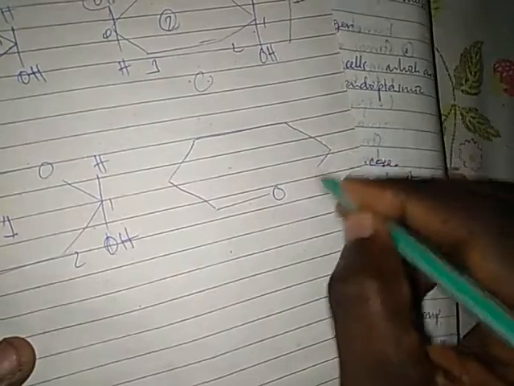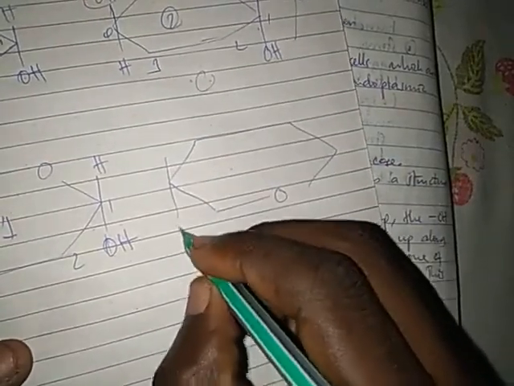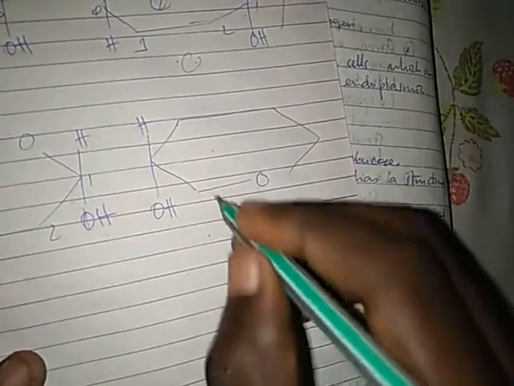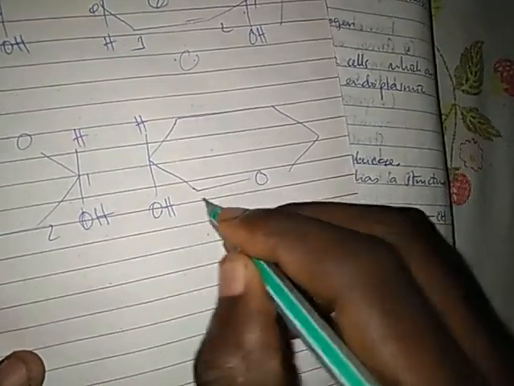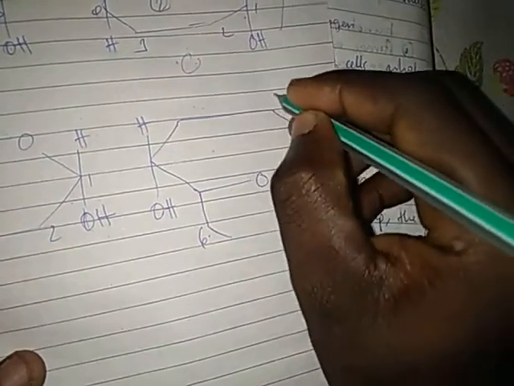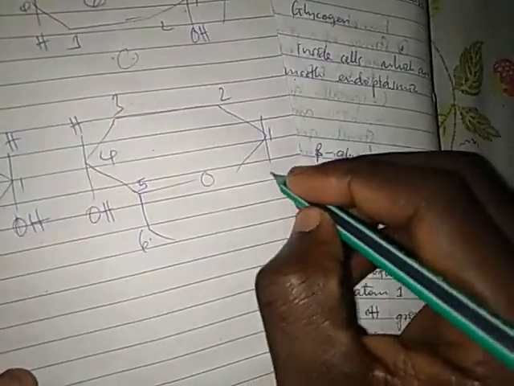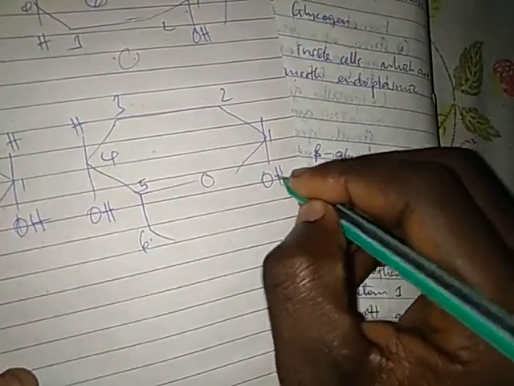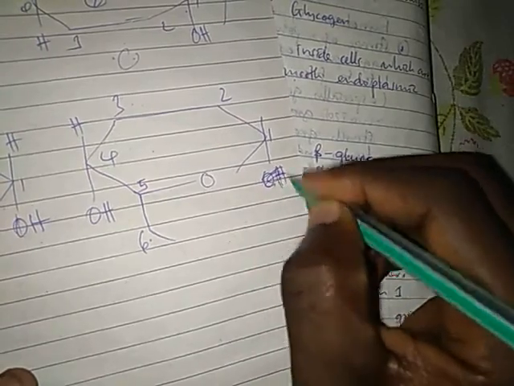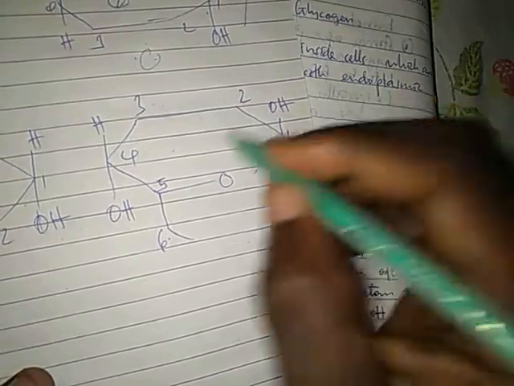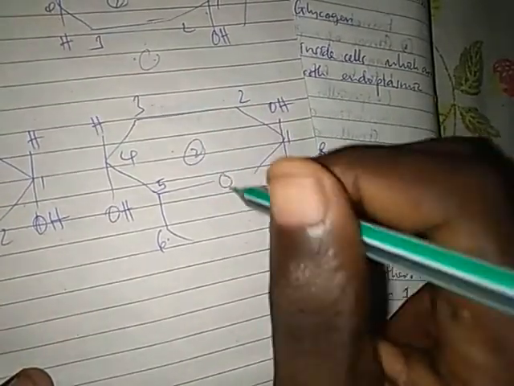Oxygen will be here, hydroxyl, hydrogen, and here will be our first, second, third, fourth, fifth, and sixth carbon. And here it will be hydrogen, then hydroxyl.